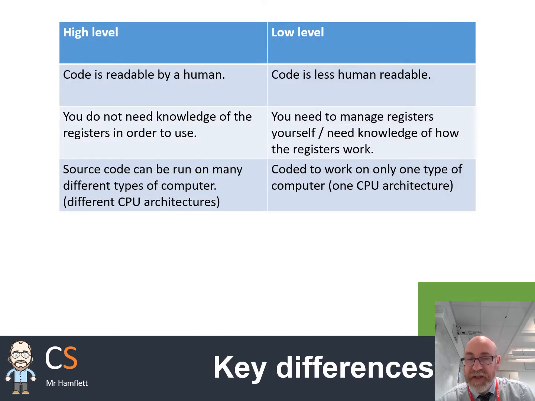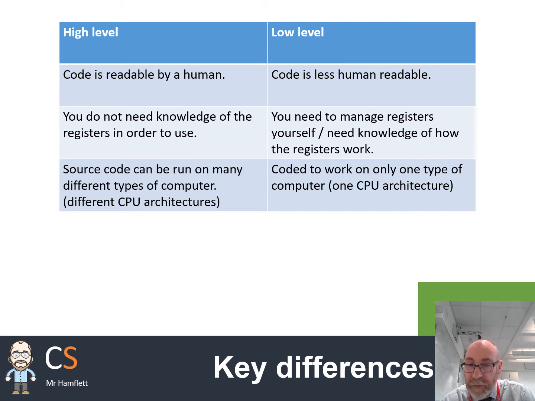The key differences between a high-level language and a low-level language are that a high-level language is readable by humans, whilst low-level is less readable. The next difference is you do not need to know about all the different registers inside the CPU in order to write Python code. You can use variables to store values.